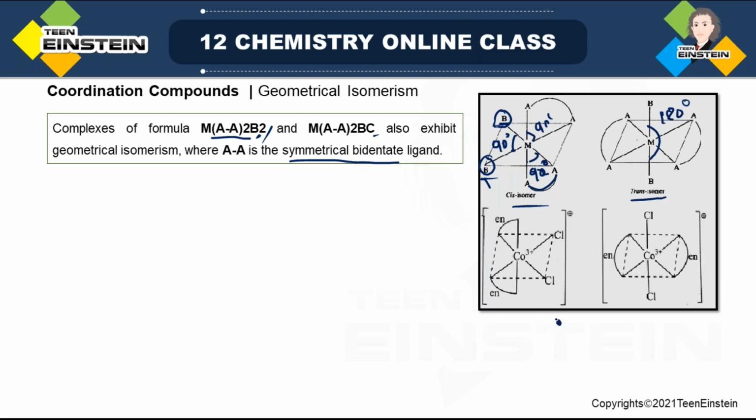Here we have taken the example [Co(en)2Cl2]+. So cobalt is M, en is AA, and Cl2 is B2.